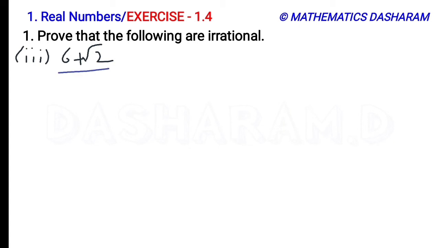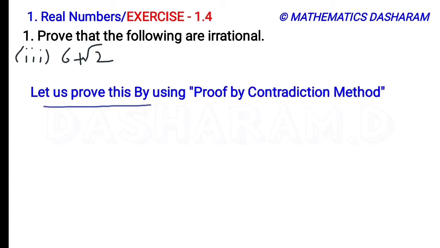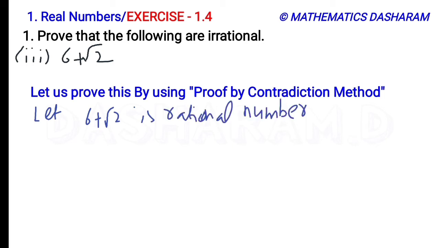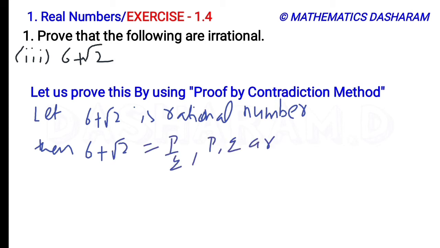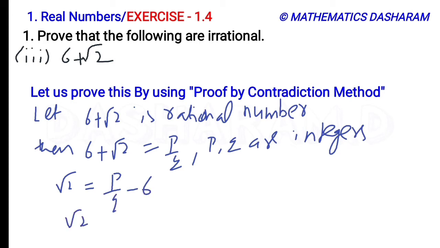Third problem, 6 plus root 2. Let us prove this by using the proof by contradiction method. Let 6 plus root 2 be a rational number. Then definitely 6 plus root 2 will be in the form of p by q, where p, q are integers. Now here we have only one square root, so no need of doing square on both sides. P by q minus 6. So root 2 equals, q is the LCM, p minus 6q by q.